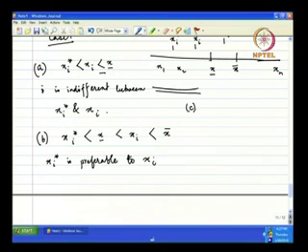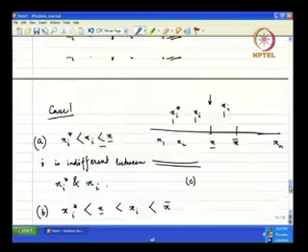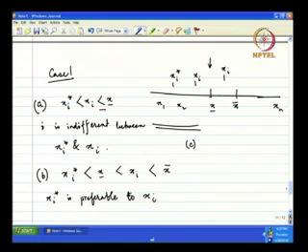Let us take case C. Case C is the case where suppose xi star is here, and suppose the announcement xi that he is planning to make can be greater than x over bar also, a very high value, or it can be equal to x over bar, does not matter.